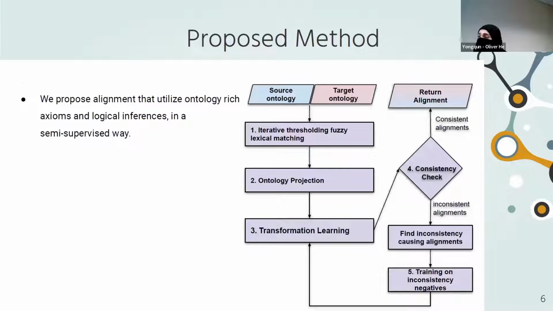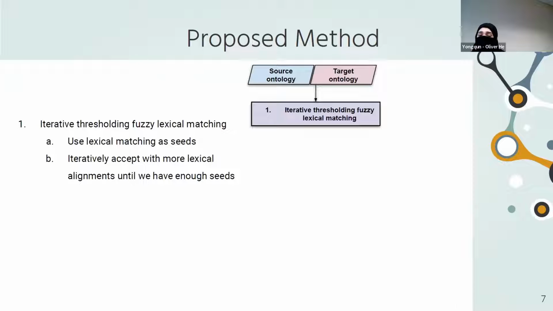So what we are proposing here is an alignment approach that utilizes the ontology's rich axioms and logical inferences in a semi-supervised way, and we do that following these steps. At the beginning, we start by learning some lexical matchings.